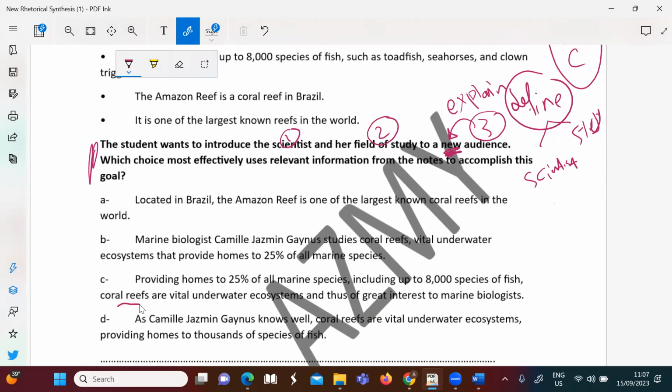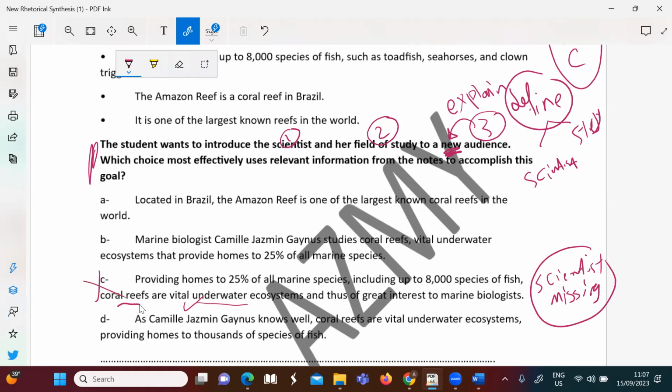No. Maybe they are vital. Maybe that's a definition. Yes, this is a definition of coral reefs. So they introduced coral reefs, but where is the scientist? The scientist is missing here. Where is the scientist in choice C?